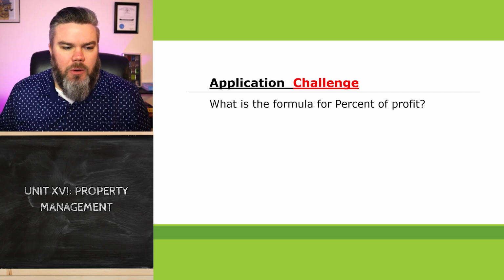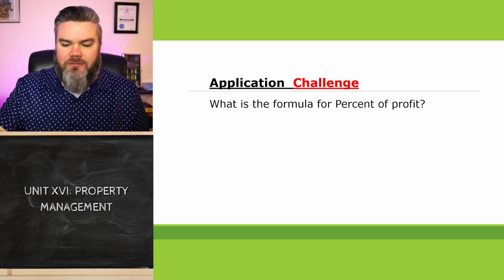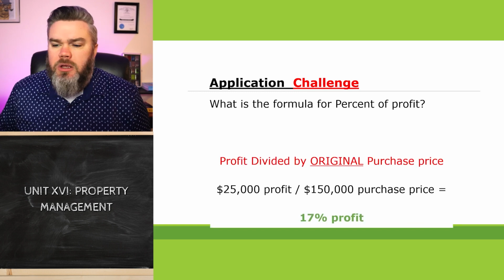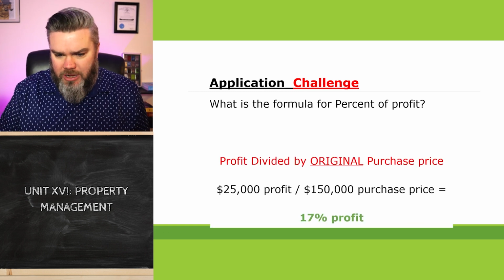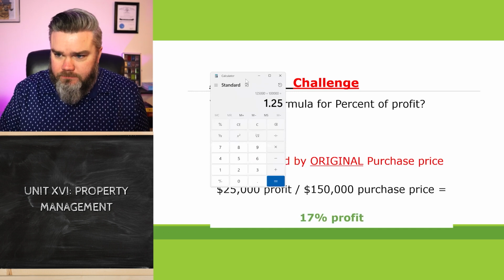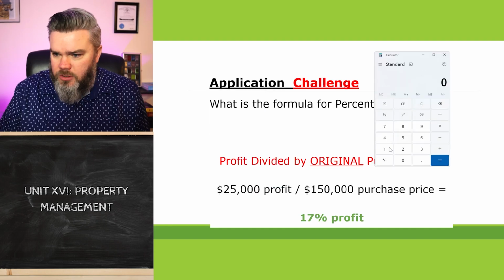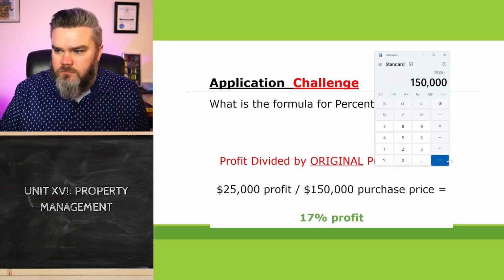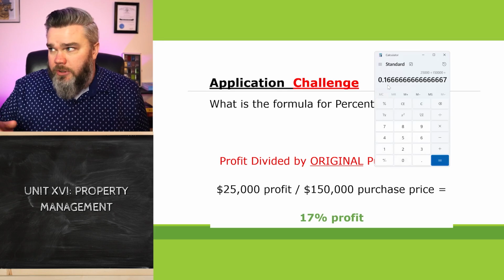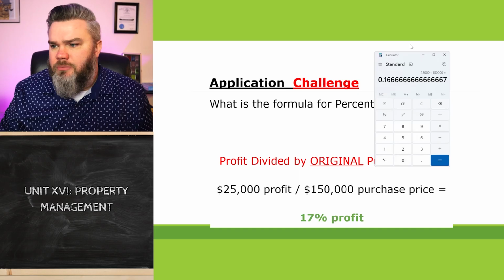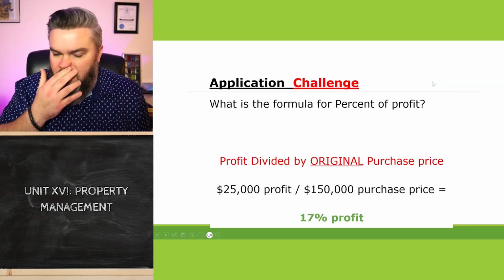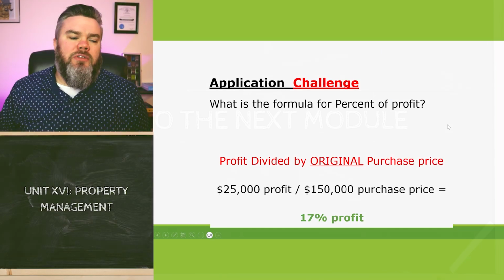What you made divided by what you paid, or in other words, profit divided by purchase price. So in this example, if your profit was $25,000 and your initial investment was $150,000, you would take your $25,000 divided by your $150,000. It would be a rounded 17% profit. Folks, that is the end of those slides.